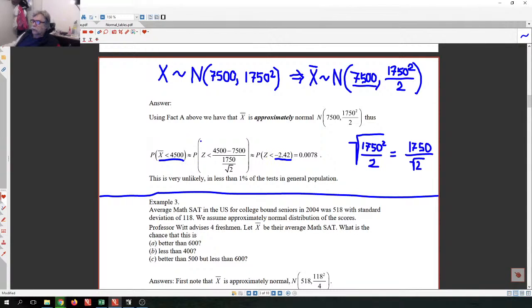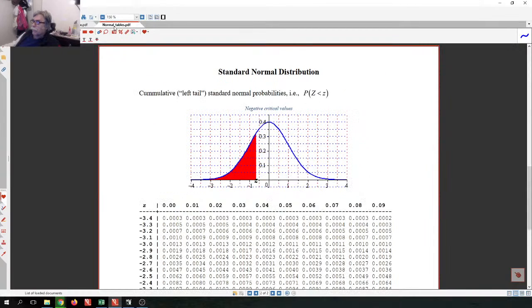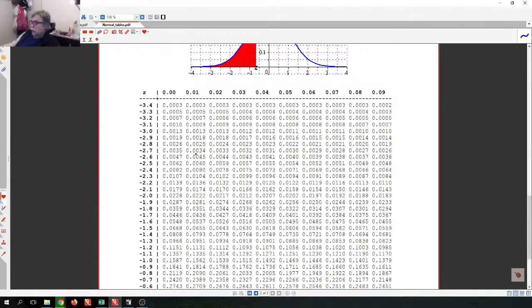Negative 2.42, and now you look at the tail, we are talking about the z being below that. So it's a left tail up to negative 2.42 in the normal tables. Negative 2.42 is the number I'm looking for. 0.00878.